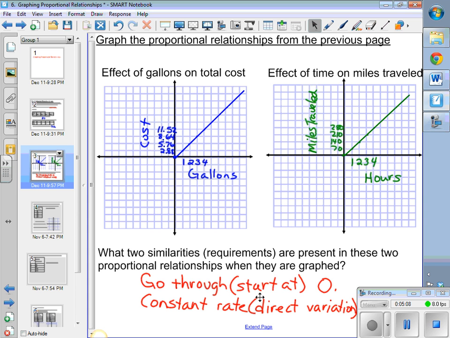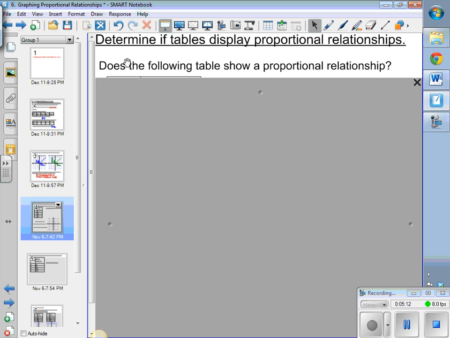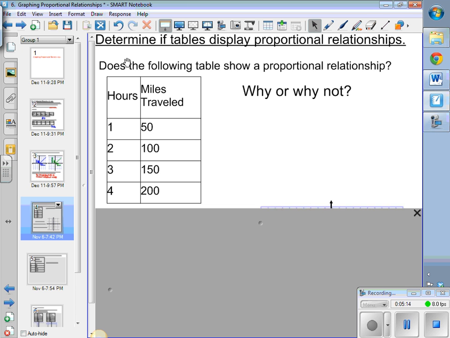Okay? All right. Determine if the tables display proportional relationships. So we just looked at the requirements for that. Here, we're going up by 50, right?